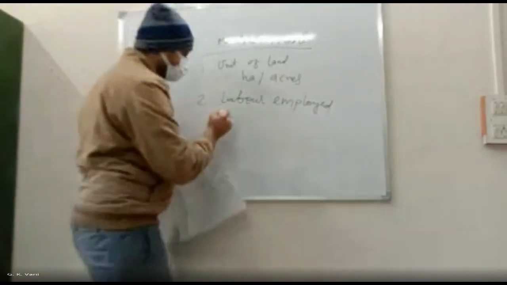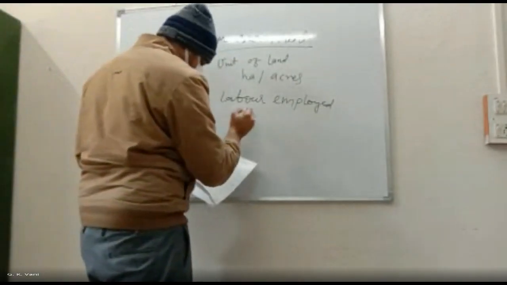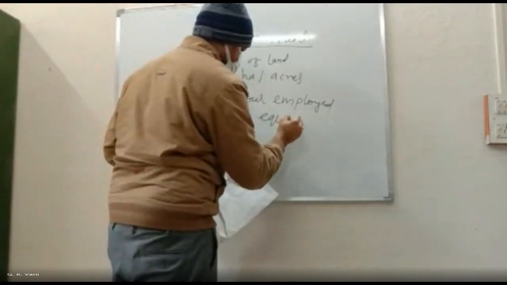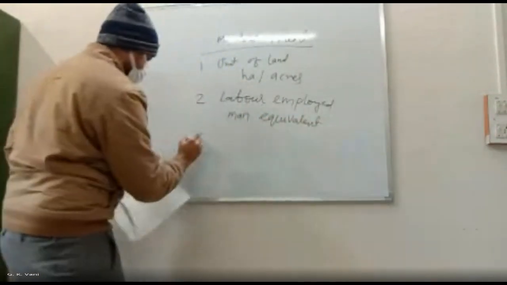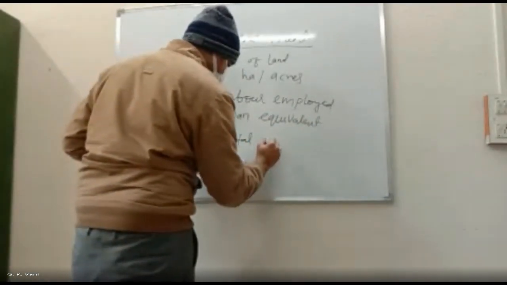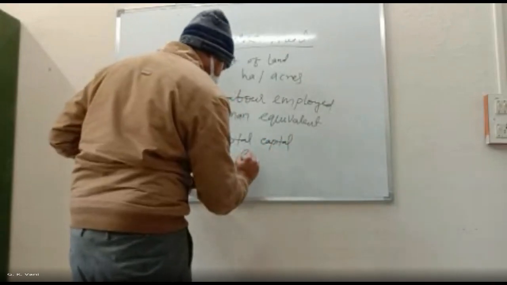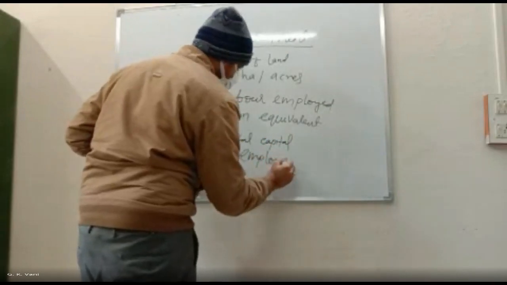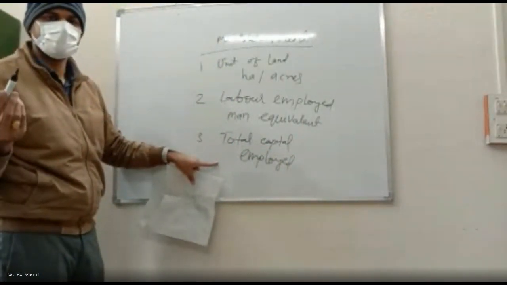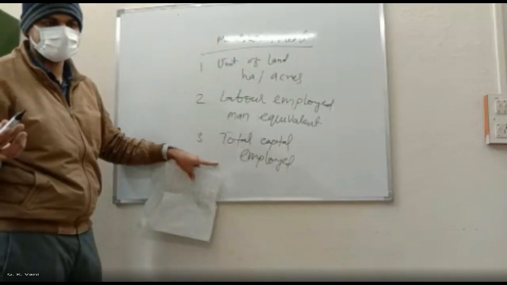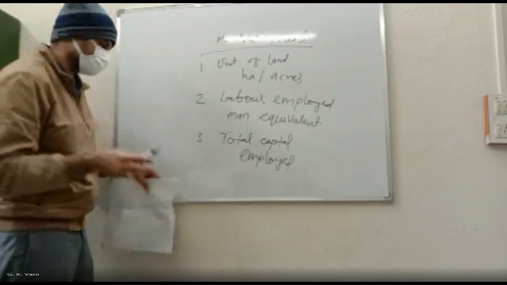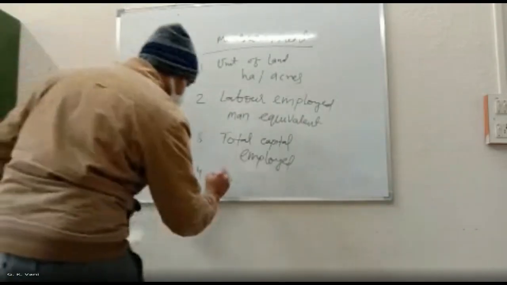It is in terms of man equivalent. Then in terms of total capital employed. Total capital employed means how many lakh rupees or million rupees you have invested in the business for machinery, farm buildings, irrigation channels, everything. And the last is value of production.